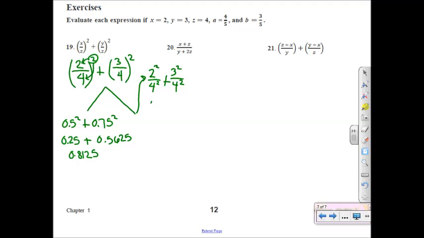So 2 squared is 4, 4 squared is 16, 3 squared is 9, 4 squared is 16. And then when you add fractions, you add the top and leave the bottom. So we would have 13 over 16. And if you do 13 divided by 16 on your calculator, you will get 0.8125.